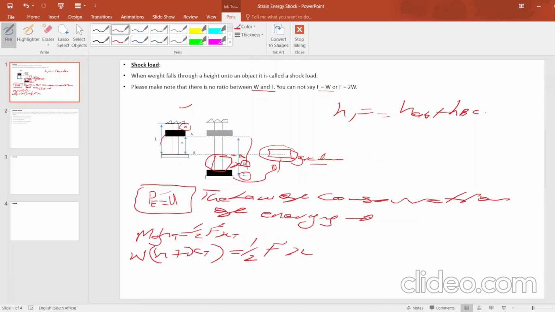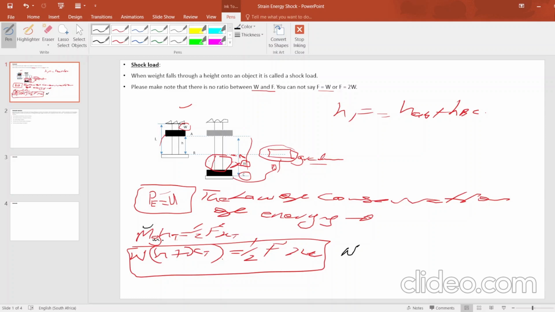This is the formula that we will be using to calculate whatever they want us to calculate. The W is made up of mass multiplied by gravitational acceleration.